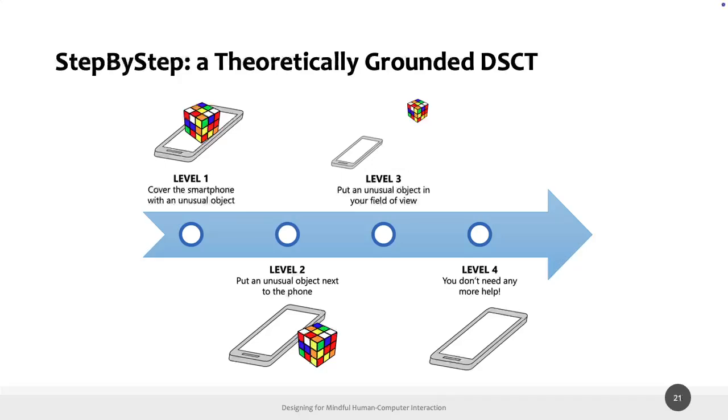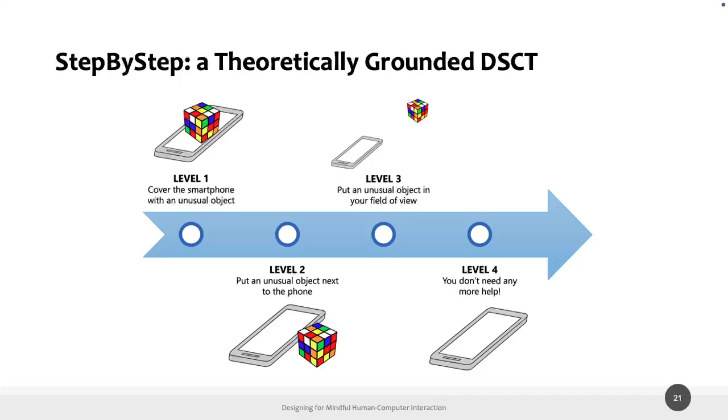And this learning path was divided into 4 different levels. The first level asked the users to put an unusual object like my wallet on the smartphone, so that the context is altered in a way.